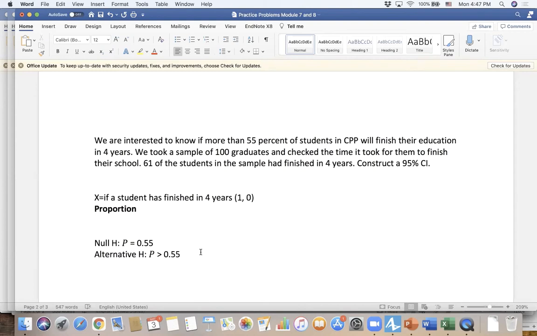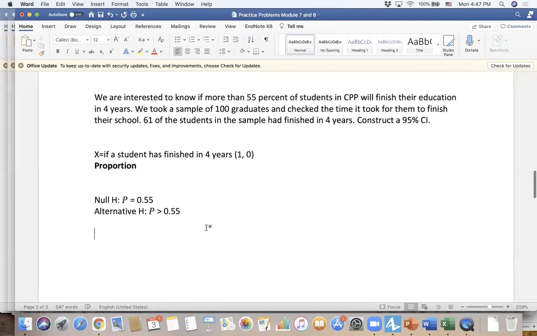And then what are the other things you have in this problem statement? You have a sample size of 100. We took a sample of size 100. What else? You have your X, or your number of successes.